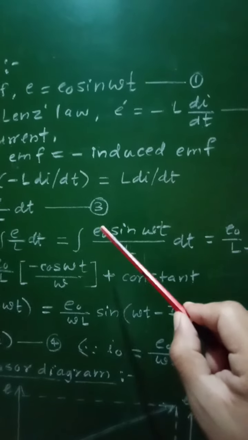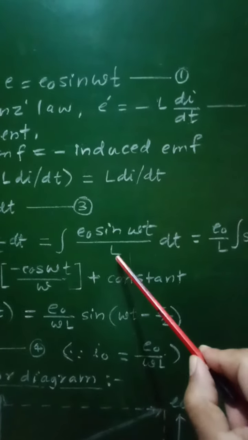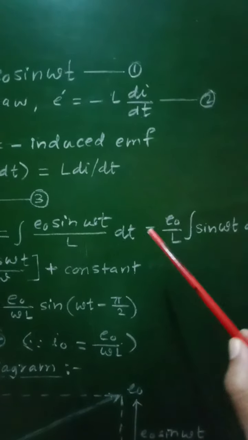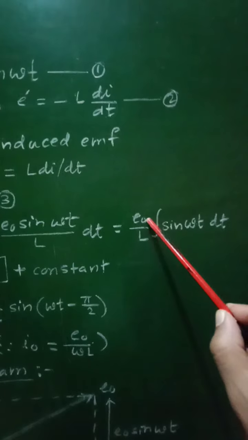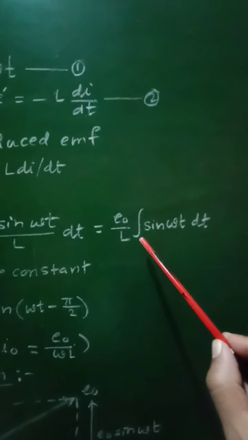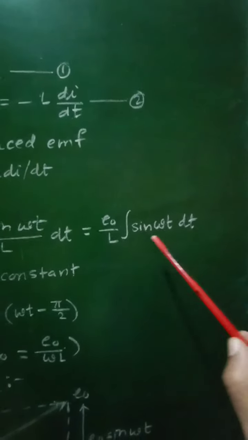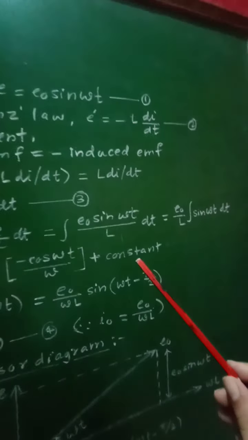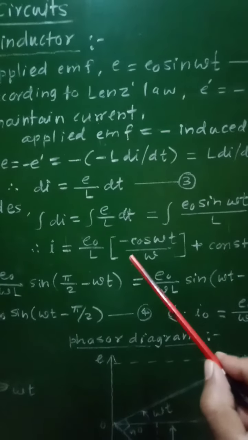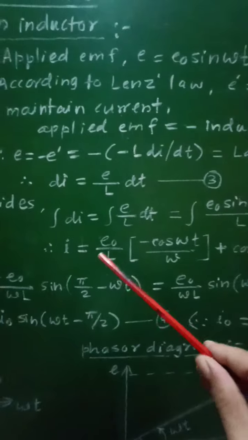But E0 is the peak value, which is constant, and L is the inductance, constant. Therefore these two terms will be taken out of the integration, and we get E0 upon L integration of sine omega t dt. The integration of sine omega t dt is minus cos omega t upon omega.